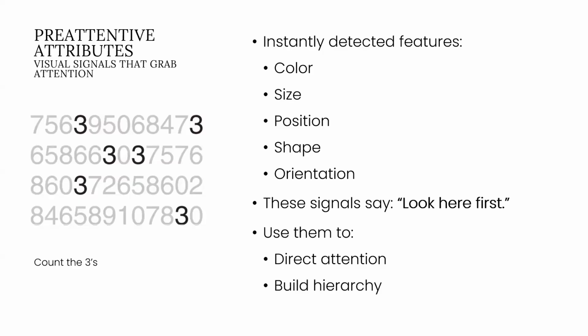Now, when I direct the attention, it ensures that the audience sees what matters first. Visual hierarchy ensures that they see the rest in a meaningful order. Together, these functions transform visuals from static displays into guided experiences.